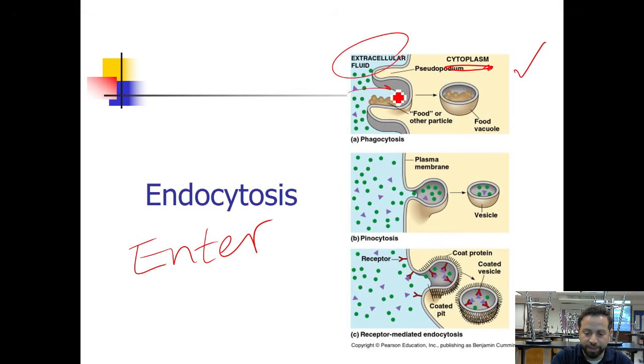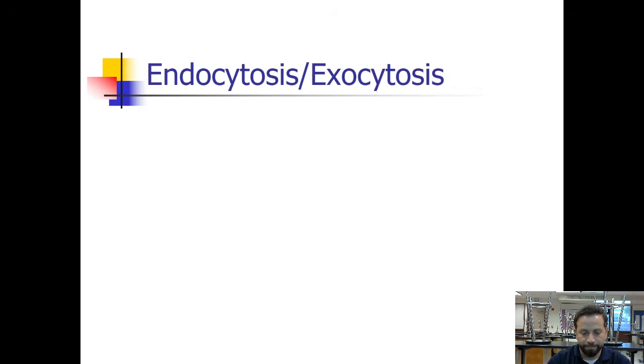The cell membrane is sort of wrapping around this, let's just call it food for now. It's wrapping around it. Notice what's happening here. It's actually going to wrap around it some more, and then it actually goes bloop, and it forms a vesicle, and now it's inside the cell. So the whole thing basically entered the cell. It's called endocytosis, for entering the cell.